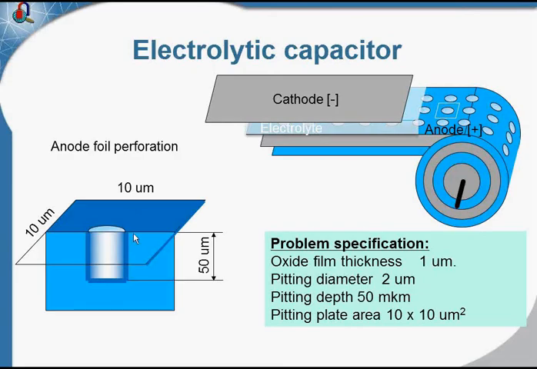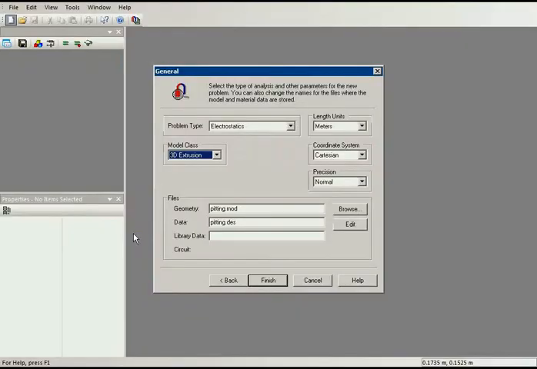Naturally, this is the three-dimensional problem. This is neither the plane parallel nor the cylindrical. So I will use the three-dimensional simulation with QuickField. And the length units are micrometers.